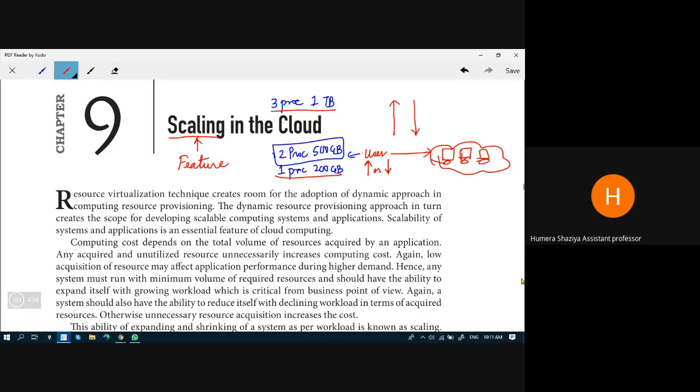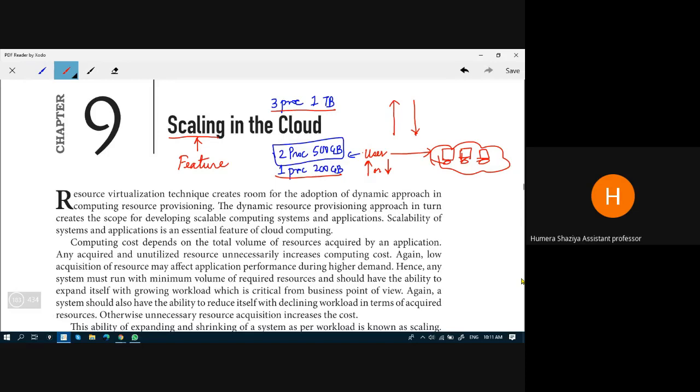When the user has these resources from the cloud, this is the system of the user in the cloud. If the user wants to scale up, meaning expand or grow, then it is possible in cloud computing.